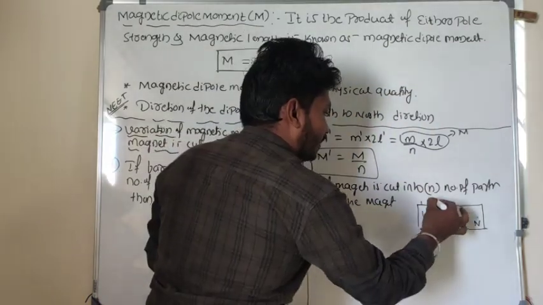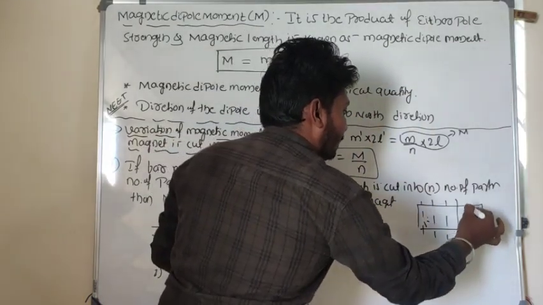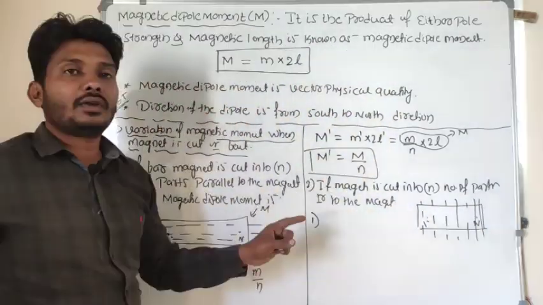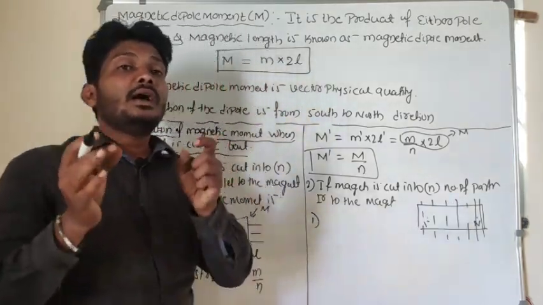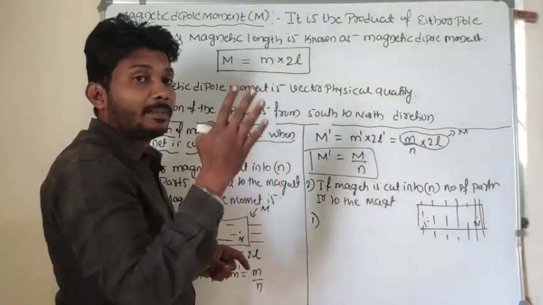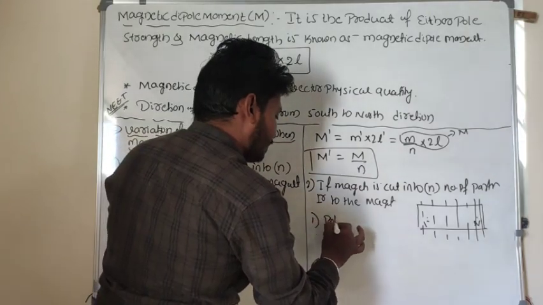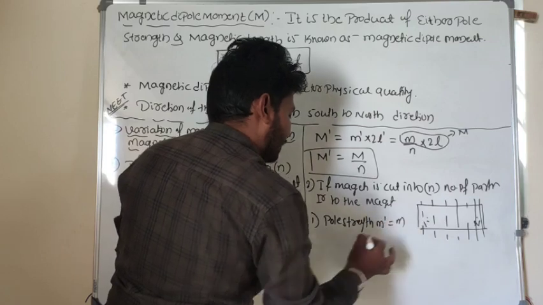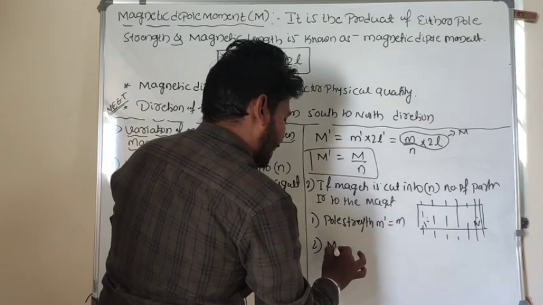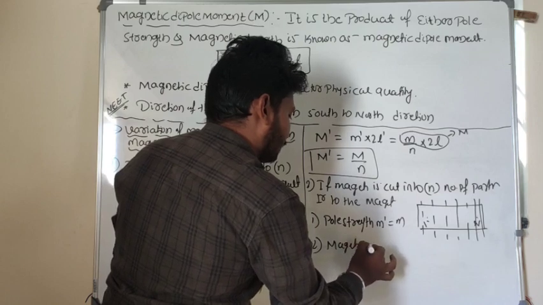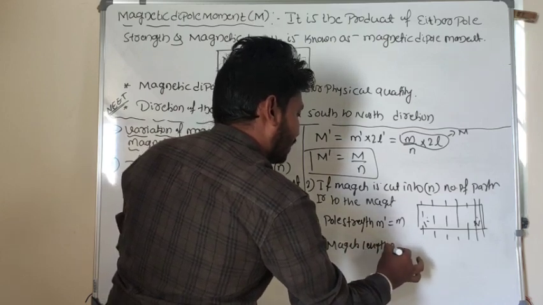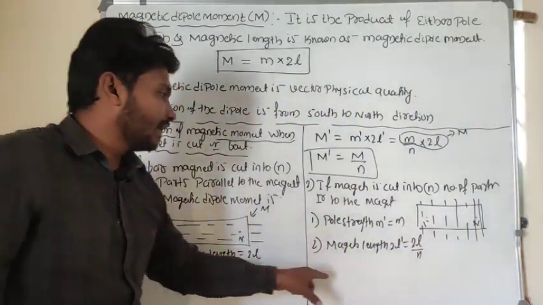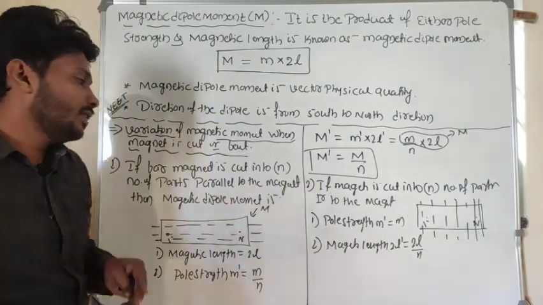If I cut that magnet into n number of pieces perpendicular to the magnet, which quantity will remain the same? So here pole strength remains the same. For perpendicular cut, pole strength remains the same. Pole strength m dash is equal to m. Second thing, magnetic length 2l dash is equal to 2l by n. We can consider magnetic length changes to 1/n times the original value.